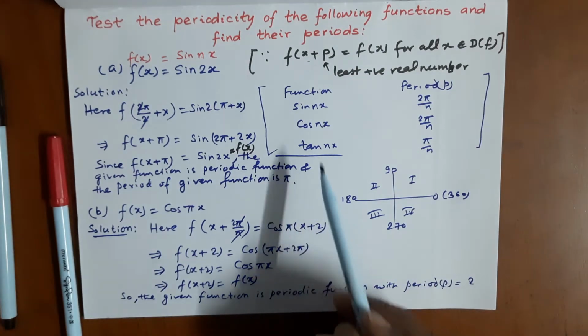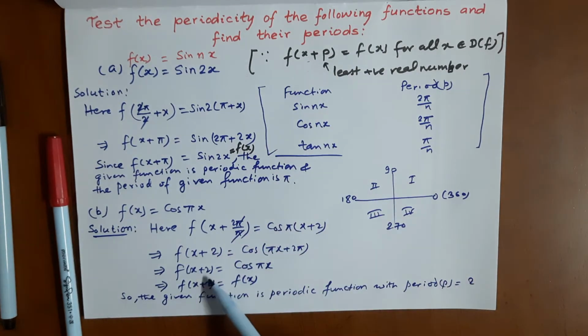In place of this p we have 2 here, so it is a periodic function with period p equals 2. In this way, we can easily test the periodicity of the function.